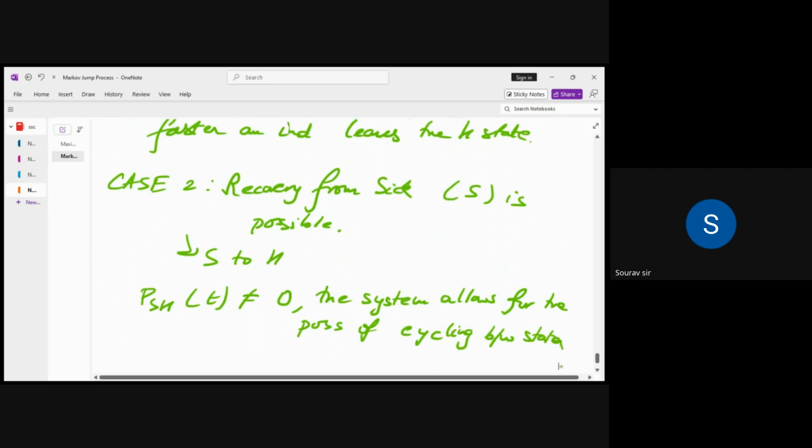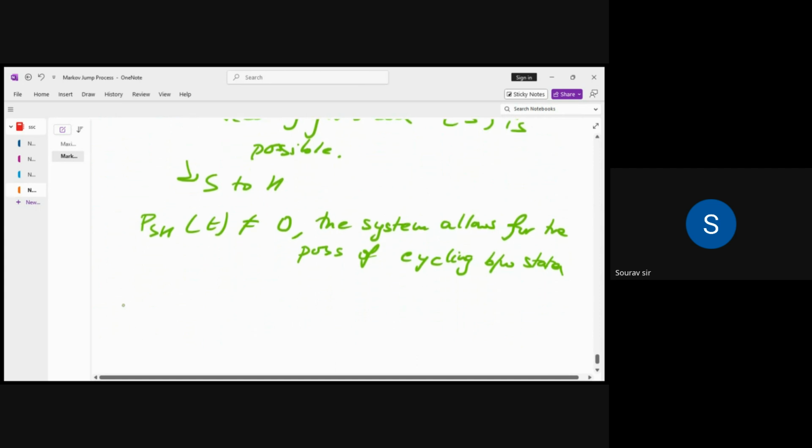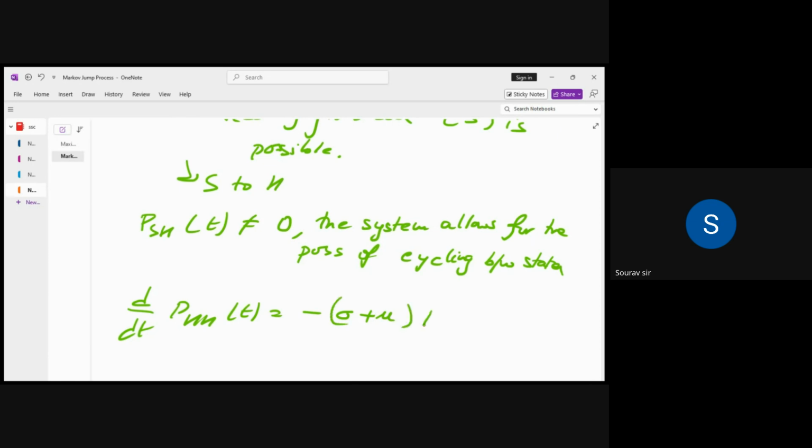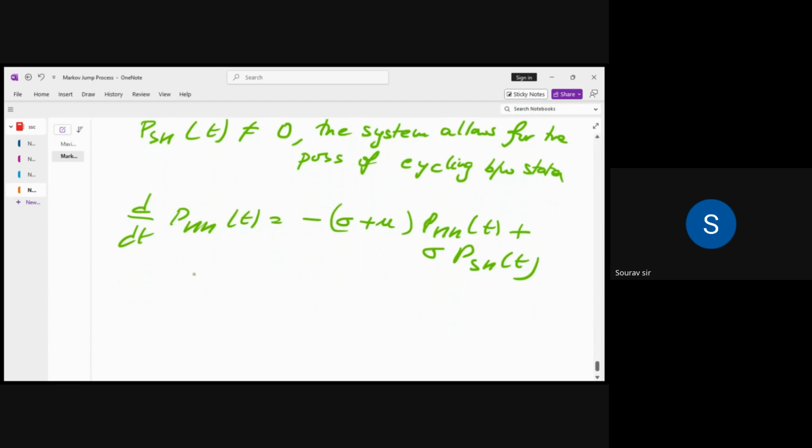So then the equation will look like d/dt P_HH(t) is minus (theta plus mu) P_HH(t) plus theta P_SH(t). So that means it depends on how P_SH(t) evolves.